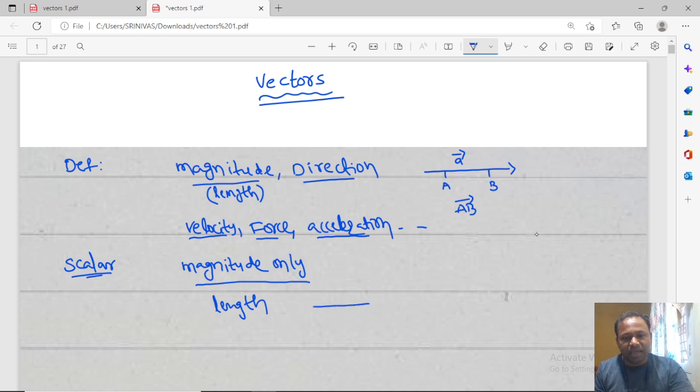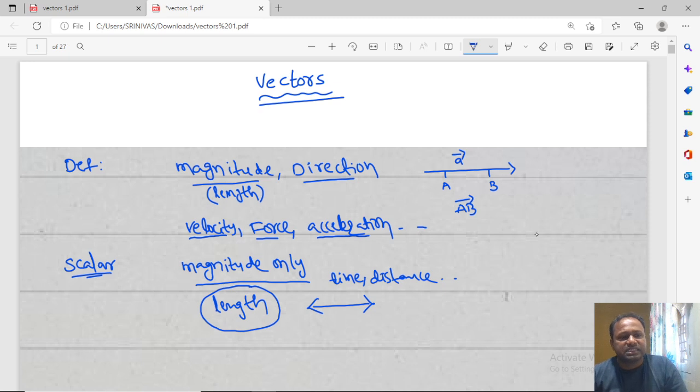Length may have this direction or that direction, so there is no particular direction, that's why it is called scalar. Time period as well as distance all come under scalar. So this is just an introduction about vector as well as scalar.